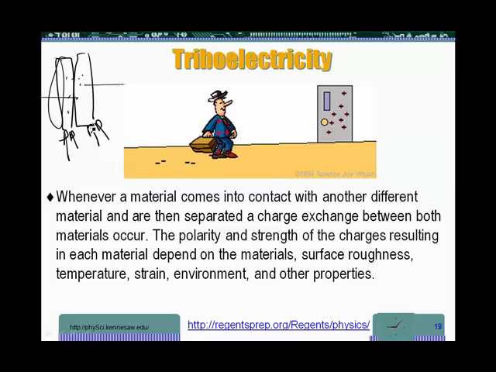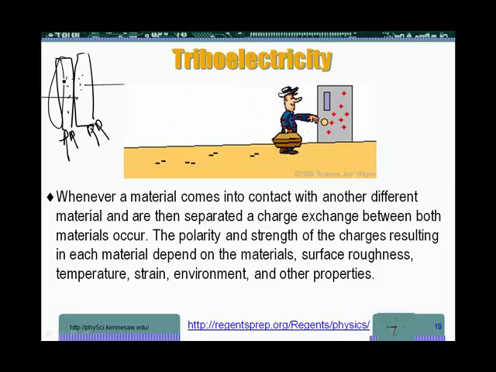Now, however, when the materials are close enough to each other, which especially can happen when you are rubbing materials against each other, it can happen that electrons from here can feel a stronger force from the atoms from the other side, and vice versa.